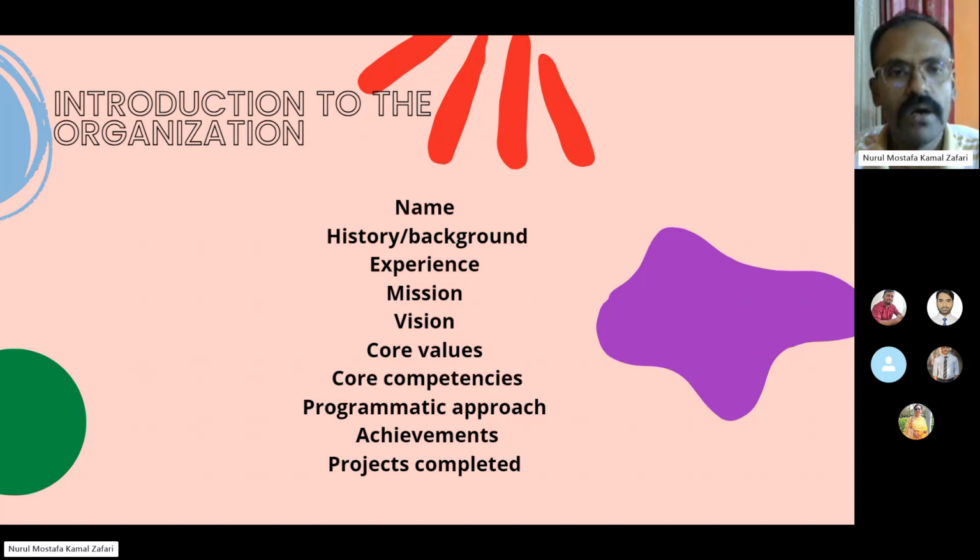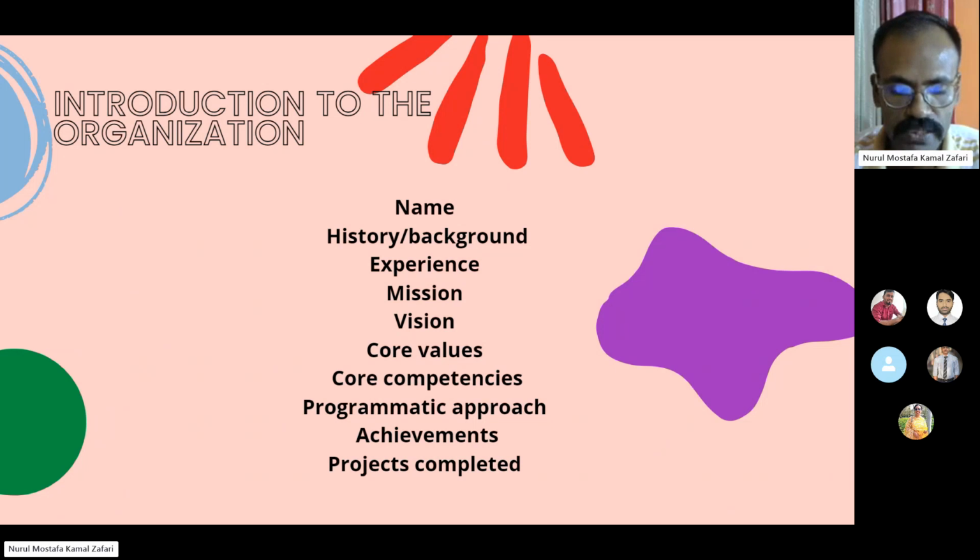Okay, now we can put the introduction to the organization, because donors want to see a brief introduction to the organization. Donors, grant managers, or fundraising experts have little opportunity to get through an organizational profile.